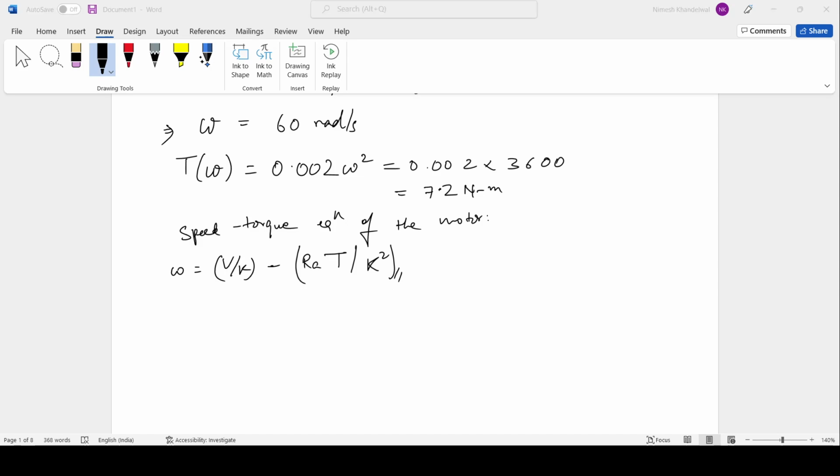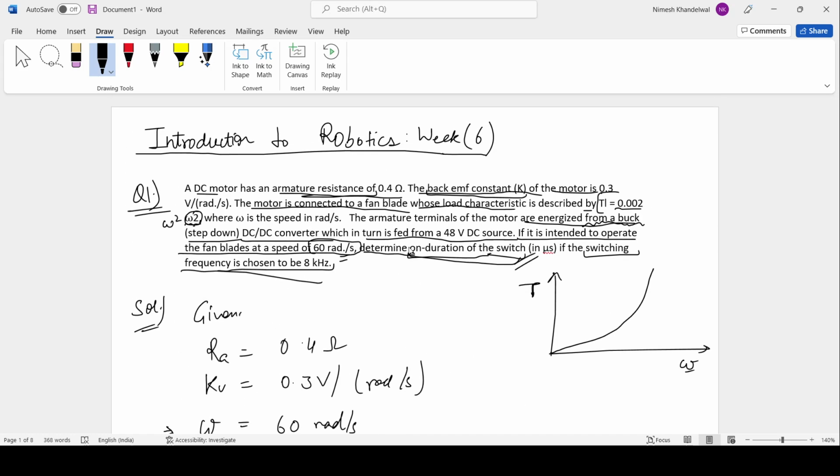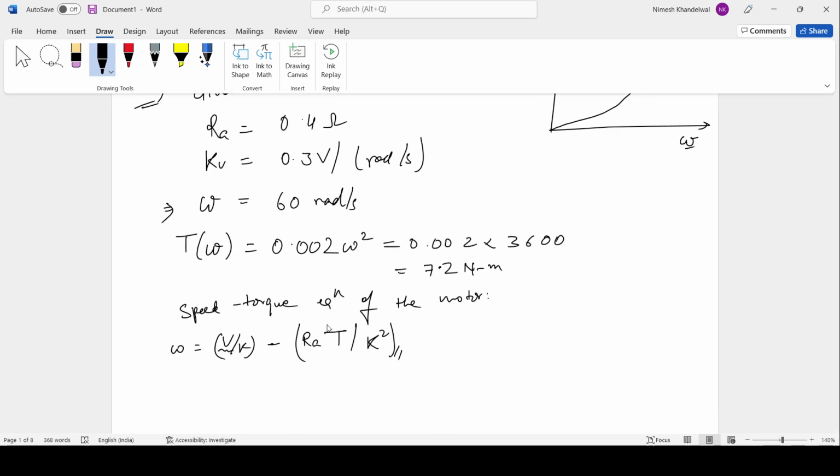Now we just substitute all these values that we have been given into this equation to get the voltage, or the armature voltage. When you put everything here, it will come out to be 27.6 volts.